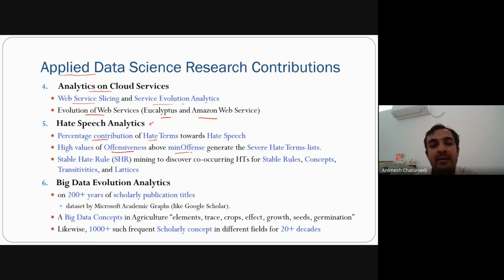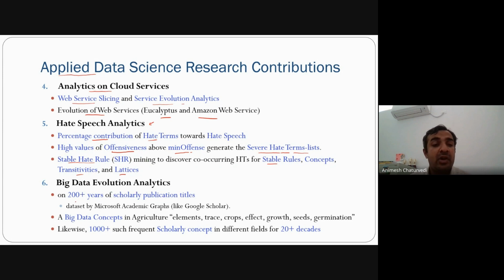Then I set a minimum offensiveness. If a word crosses the limit of minimum offensiveness, it is said to be a severe hate term. That created a severe hate term list, and with its help I found stable hate rules to discover co-occurring hate terms, and stable rules, transitivity and lattice were constructed.